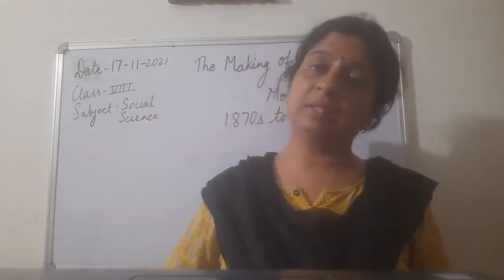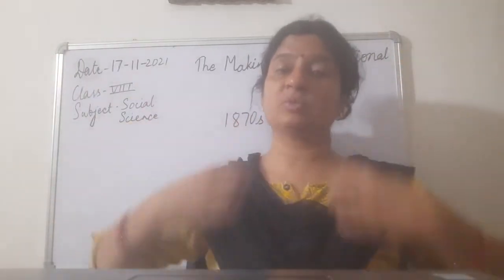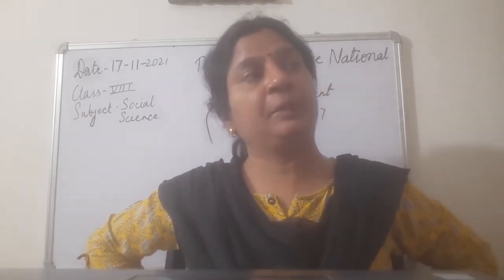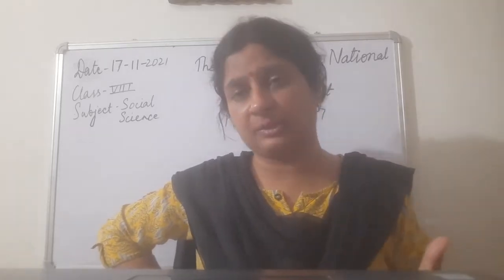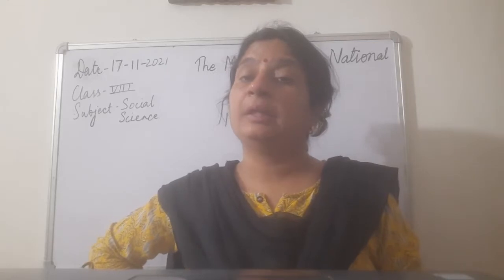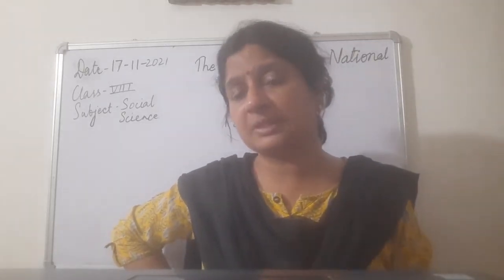Likewise, we have seen that in 1829 the sati practice was banned by Lord William Bentinck, and then Vidhwa Vivah, the widow remarriage, was also started by making a law, and the minimum age for marriage was also fixed by law.